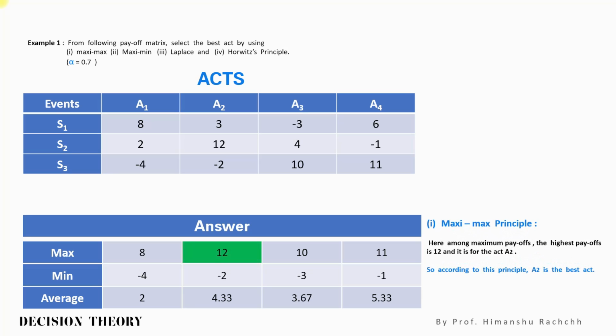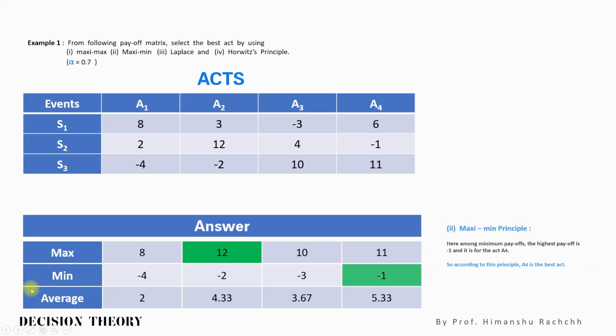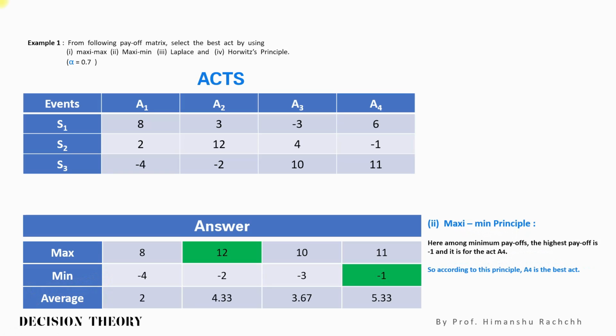Now first method, Maximax principle. Here among maximum payoffs 8, 12, 10 and 11 highest payoff is 12 and it is for the act A2. So according to this method A2 is the best act. Now second method, Maximin principle.